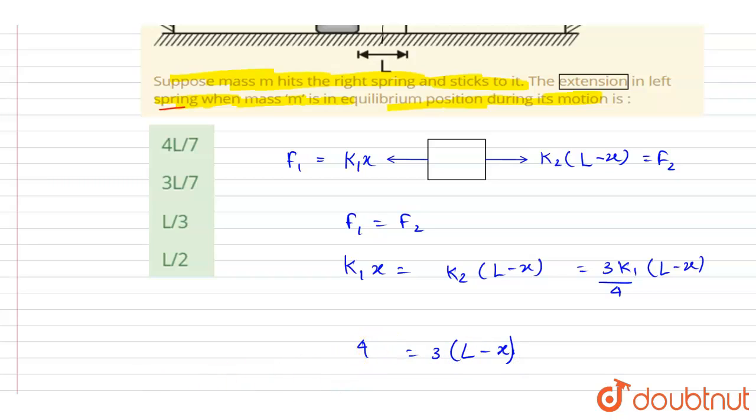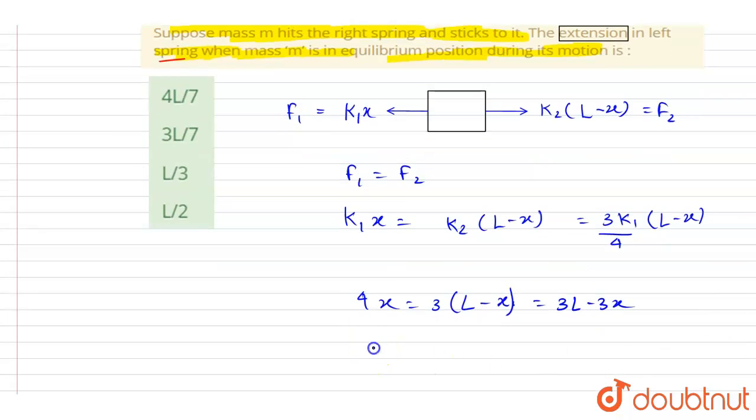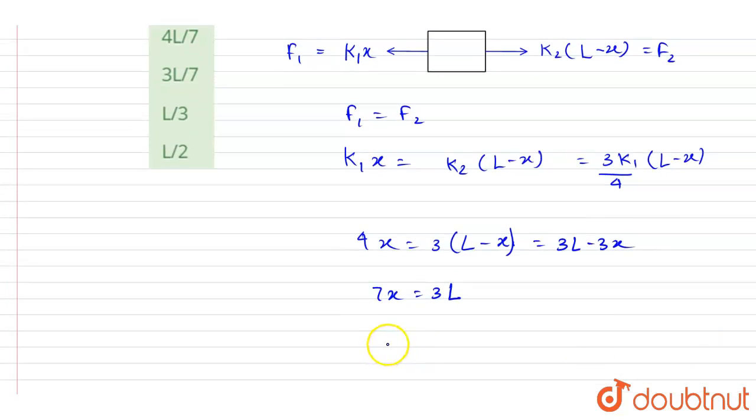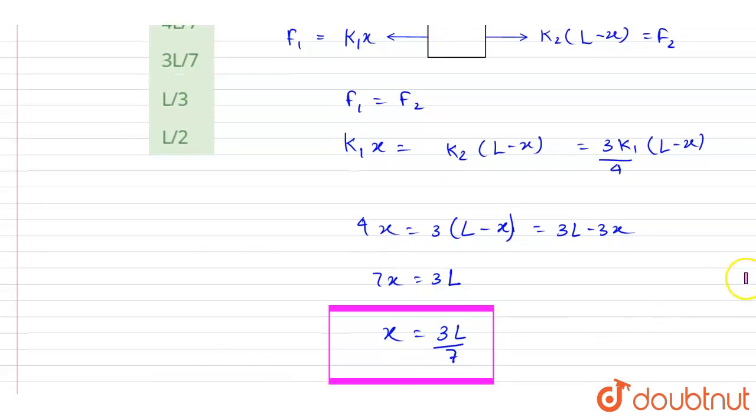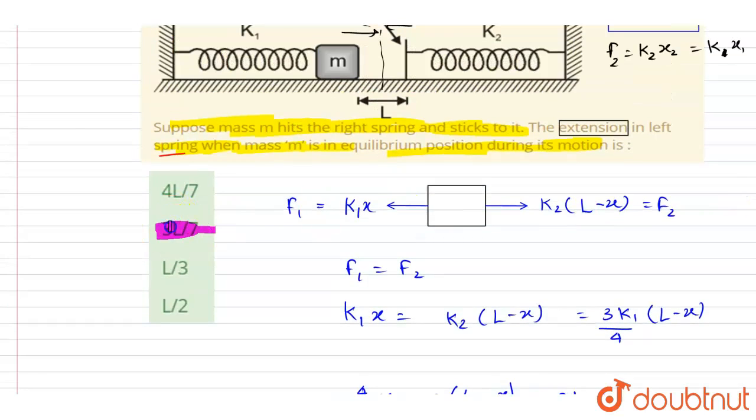K1 will get cancelled out. 4x is equal to 3L minus 3x. So from here you will write down 7x is equal to 3L and x is equal to 3 by 7 L. And this is the answer of this question. Now you can check for the option. So B here is the correct one.